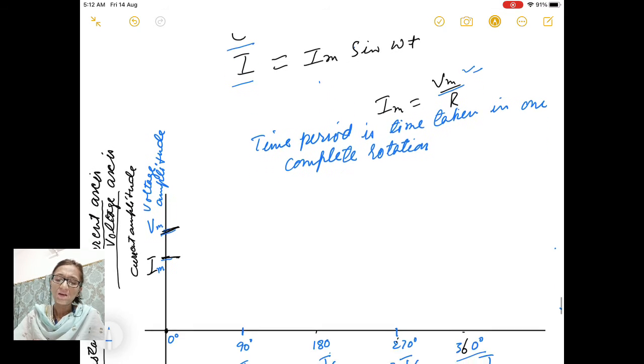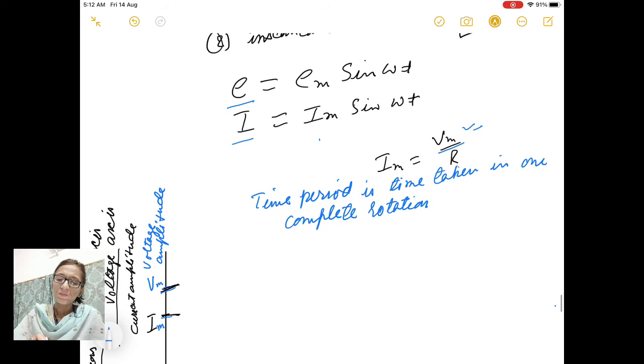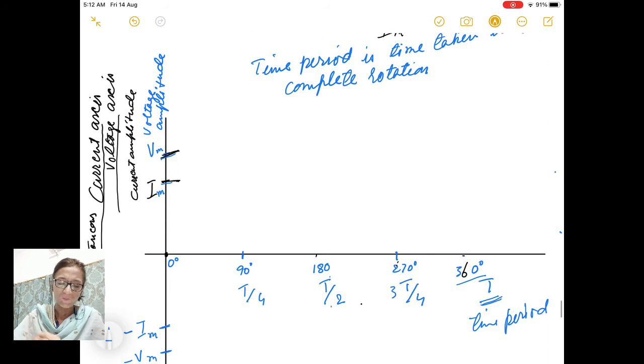When this angle is taken as 0 degree, sine 0 is equal to 0. Your EMF E becomes equal to 0 at 0 degree, and so the current also becomes equal to 0. So you get one point here.